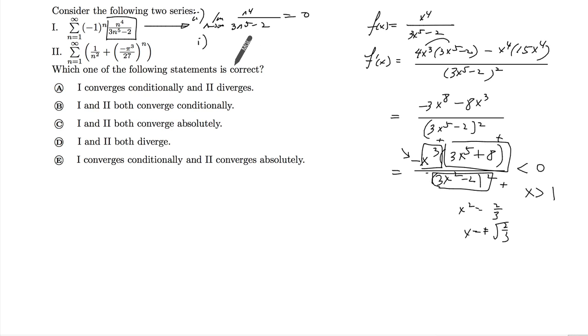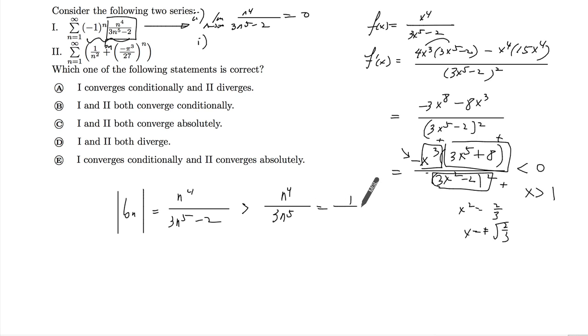It's convergent, but is it absolutely convergent? For that, we need to consider the absolute value of this whole thing. If I call this whole thing Bn, the absolute value of Bn is this. Now this is definitely larger than n to the power of 4 over 3n to the power of 5, which is equal to this.